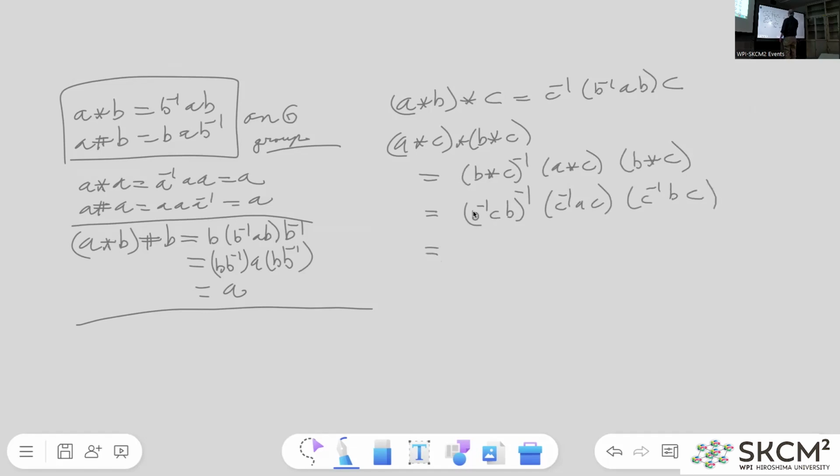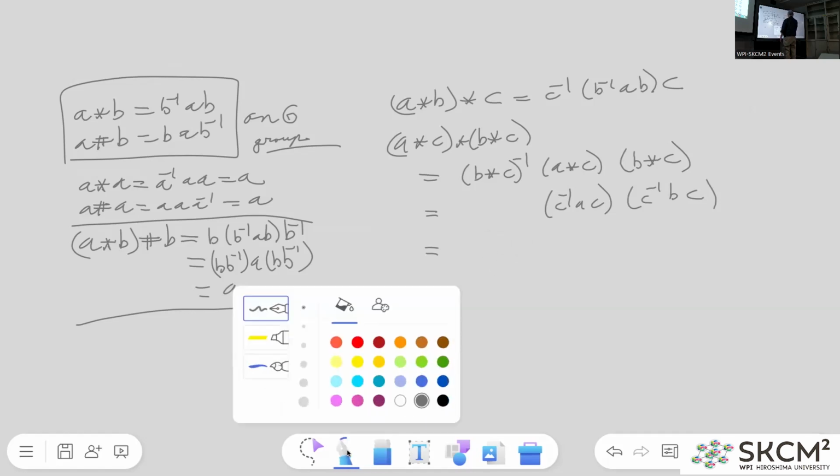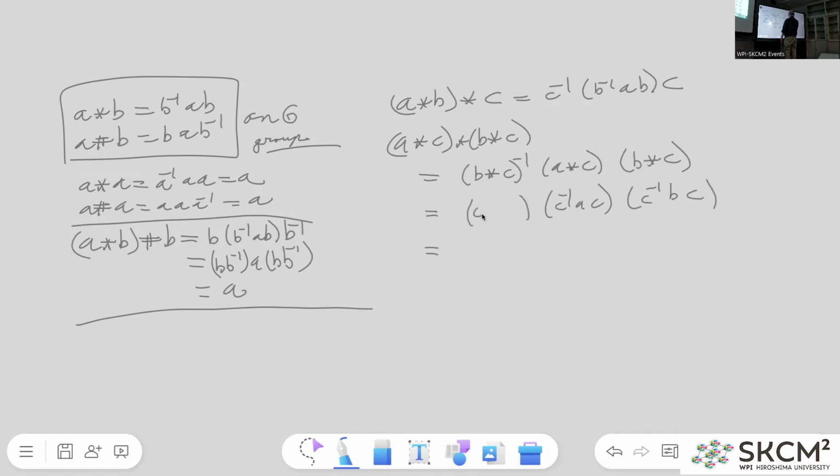And the inverse of a product in a group is the reverse product of the inverses. So the inverse of... Somebody made a mistake. Yes, here. The inverse piece.